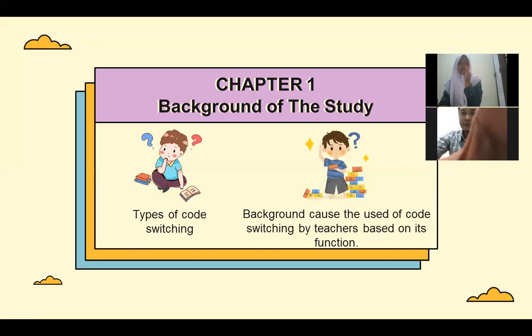The research showed that the most dominant types found during the observations were tag switching and intersentential switching. Meanwhile, the most dominant functions found were to maintain discipline, to translate new words or sentences, and to build solidarity and an intimate relationship with the students.